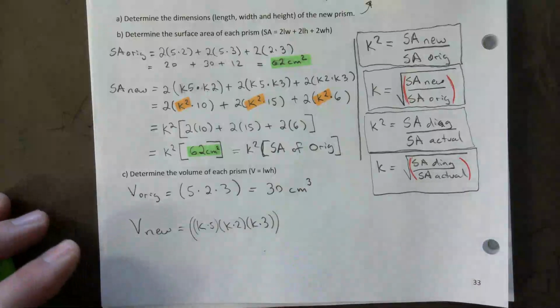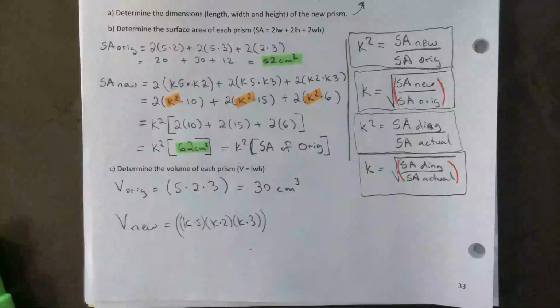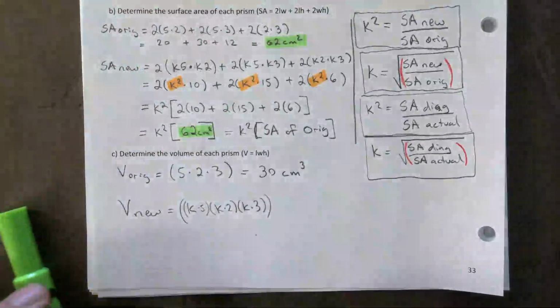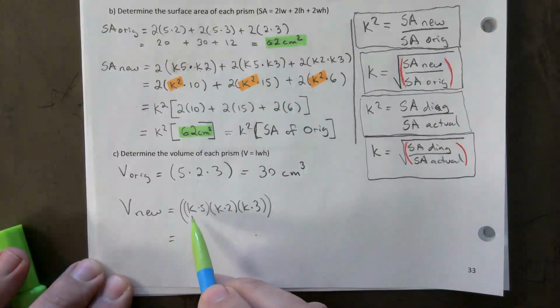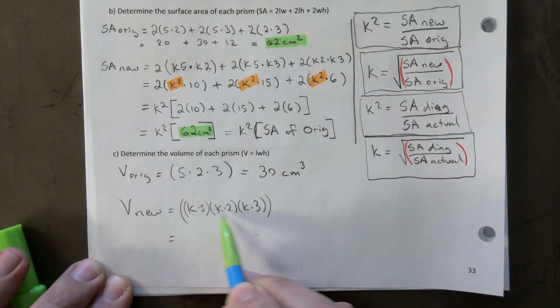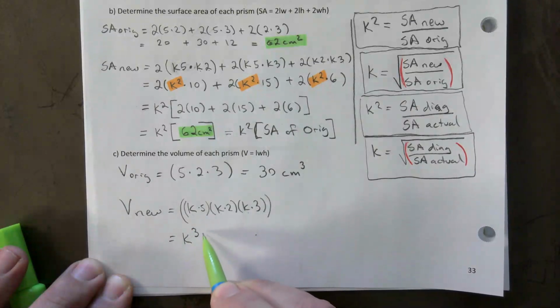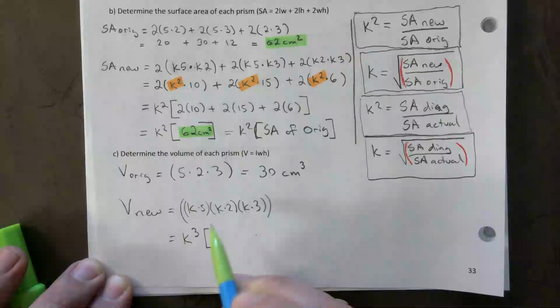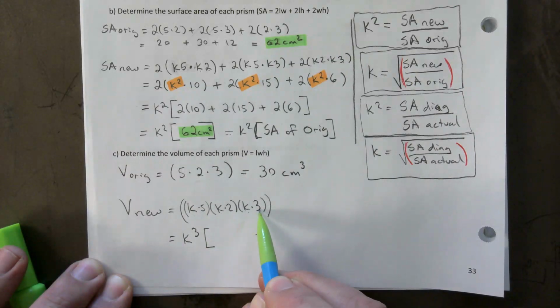Too many brackets, right? But k times k times k, because these can all be multiplied, that'll give you k cubed. And let's put this separately, the numbers. 5 times 2 is 10, times 3 is 30.